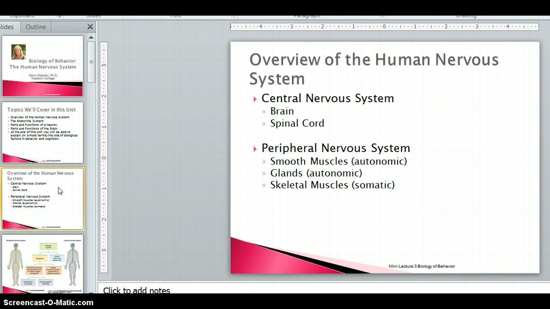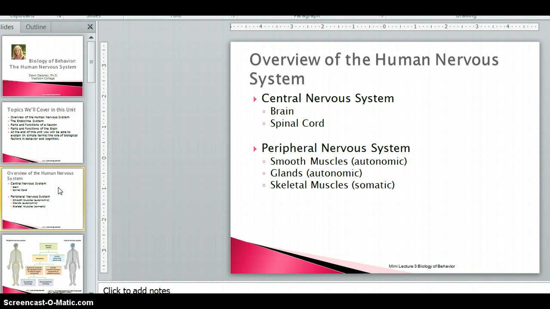So let's begin by looking at the human nervous system and just its basic units. The human nervous system is divided into two parts. The central nervous system, which, if you think of a stick person figure, would include the brain and the spinal cord, the center of the stick person, and everything out in the periphery, including the smooth muscles and the glands and the skeletal muscles, would be part of what's called the peripheral nervous system.